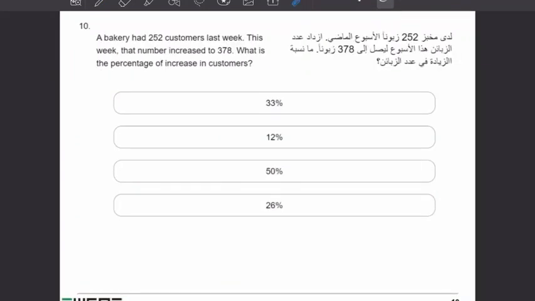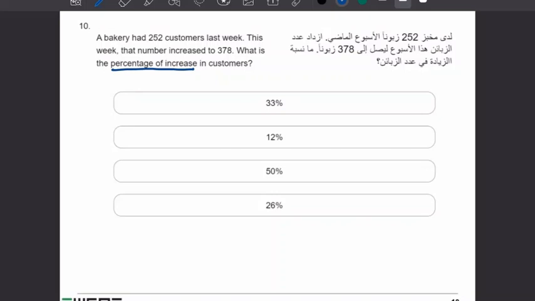For this question, it states a bakery had 252 customers last week. This week, that number increased to 378. What is the percentage of increase in customers? So what exactly do we have to find? We have to find the percentage increase.